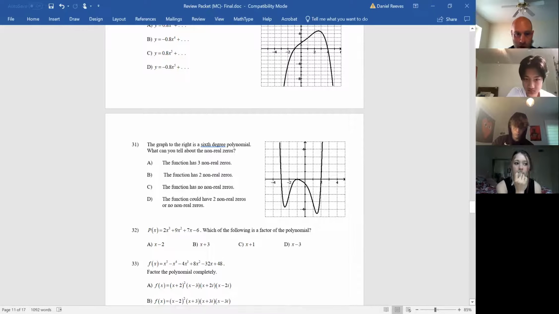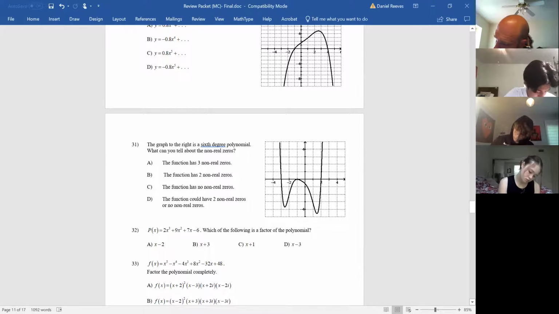Okay, in 32, there's a bunch of topics here. I'm gonna run out of room on this little piece of paper. So I'm gonna put in synthetic division here. I'm not sure if I'm gonna use it in any of these cases, but it seems like a good place to mention it. Synthetic division. We've got imaginary solutions.